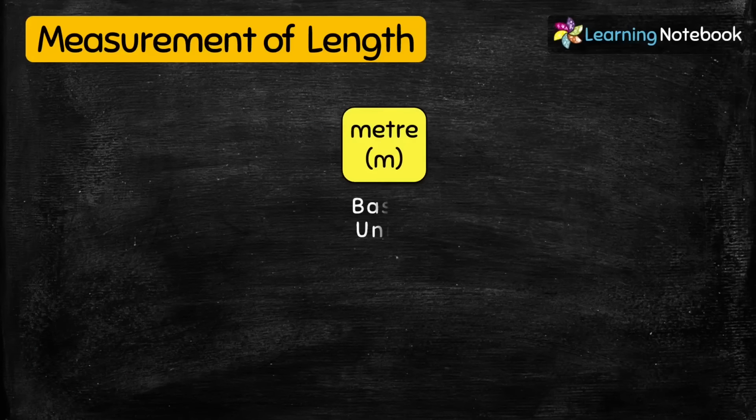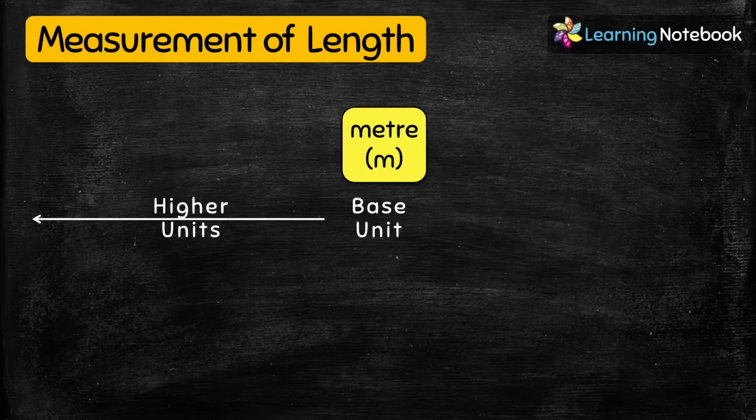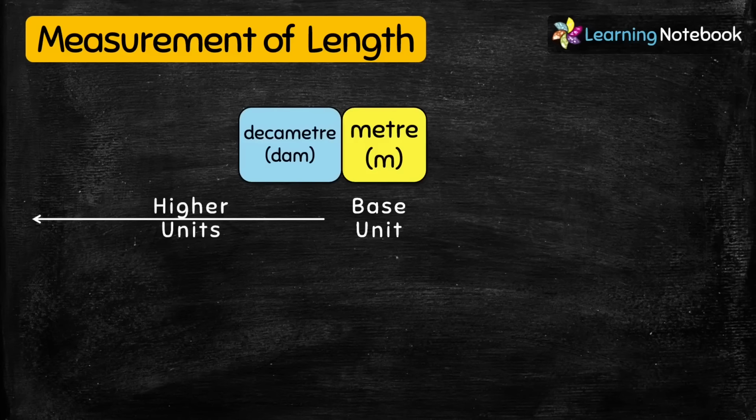Let's learn about the units to measure length. The standard or base unit of length is meter, which is denoted by m. Now let's see the higher units of length. First is decameter, denoted by dam.